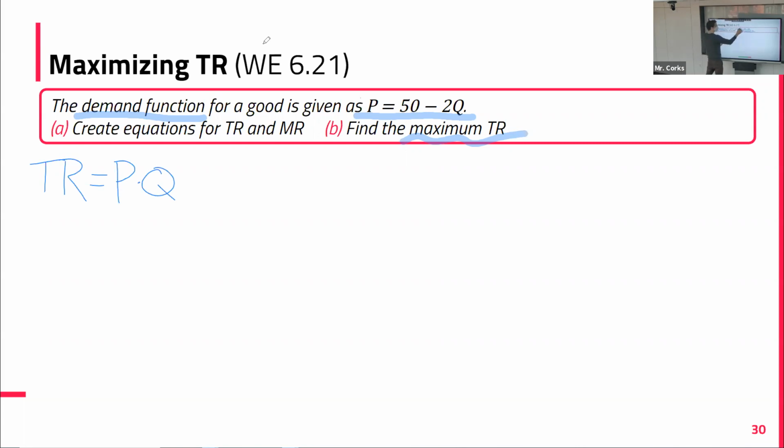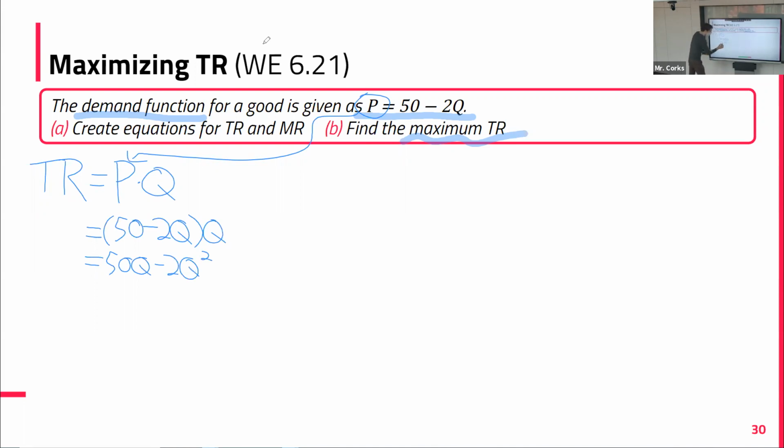Right, we just substitute that in for P here. So 50 minus 2Q times Q, so 50Q minus 2Q squared. Okay, so negative something Q squared.